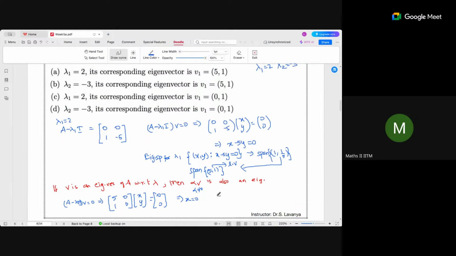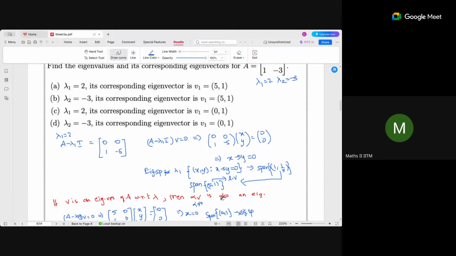So in this case the span of 0, 1 is your eigenspace, and any non-zero vector from here is an eigenvector. Which options are correct? Option D and option A.